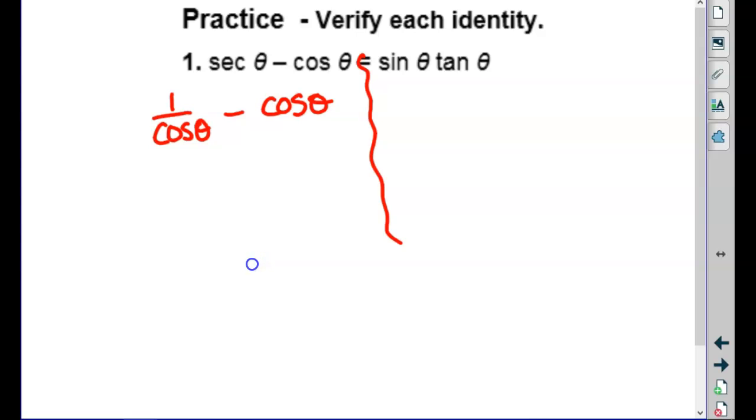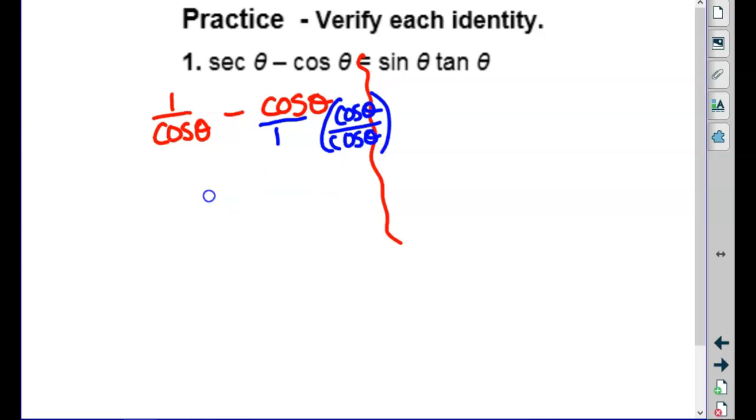Common denominator, maybe? Okay. When you show that you are getting a common denominator, you must show me that you are multiplying by 1. You cannot show me that I'm just going to multiply the top, okay? The common denominator here needs to be cosine, so I'm going to multiply this by a cosine over a cosine. You have to show that.